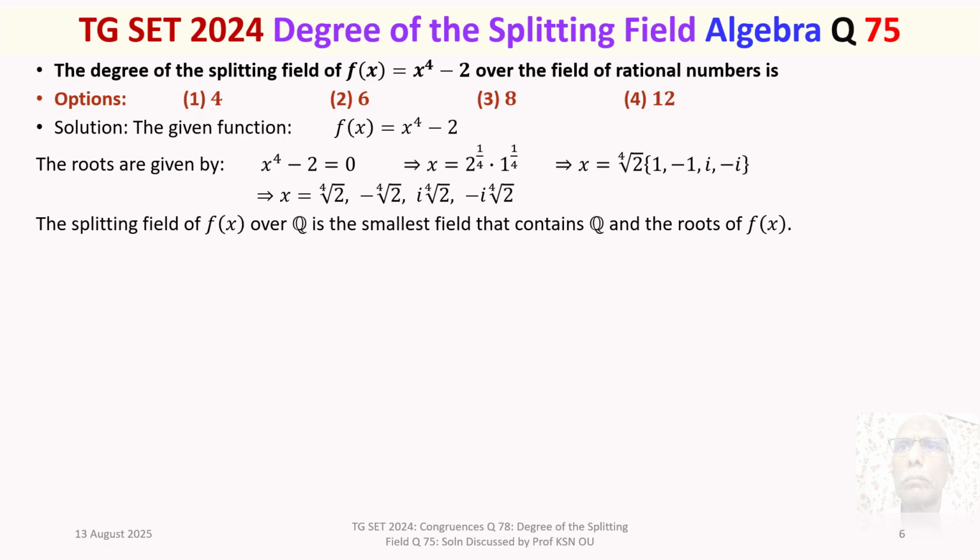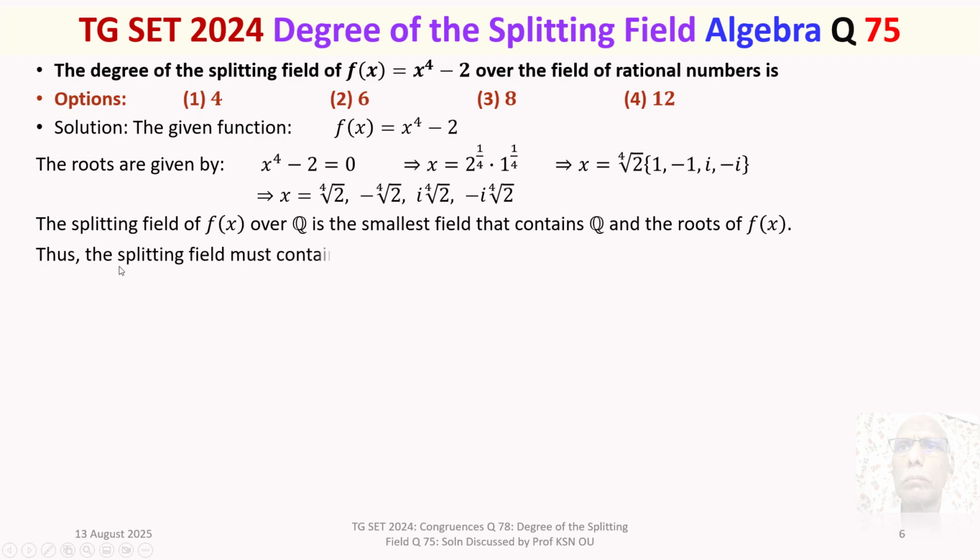So you have to look for an extension of Q in which all these roots exist, and that will be the smallest extension. Then you find the degree of that smallest field extension.